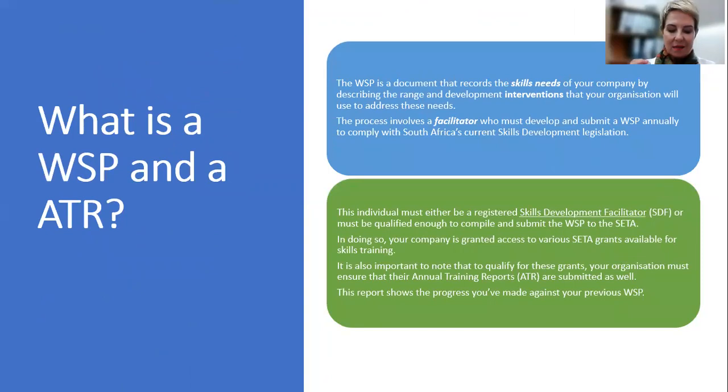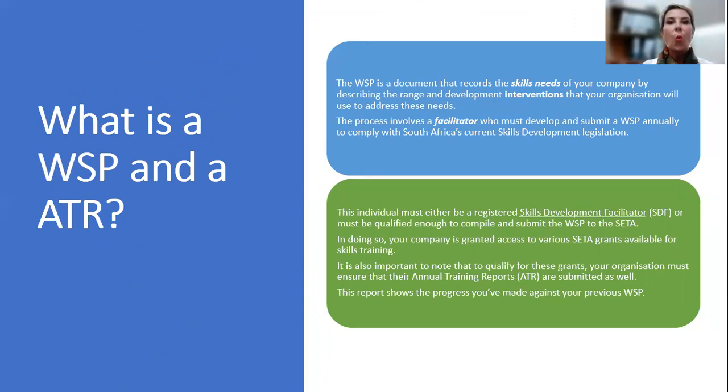But in order to submit a workplace skills plan and ATR, we need to understand exactly what these documents are and what their purpose is. First and foremost, a workplace skills plan is a planning document. There's a very specified format. Every SETA has their format where you actually do your planning.